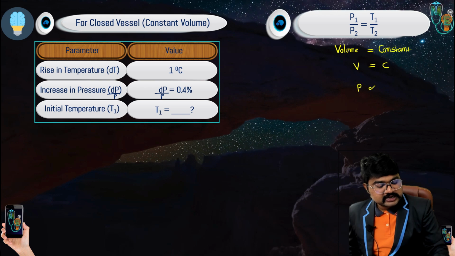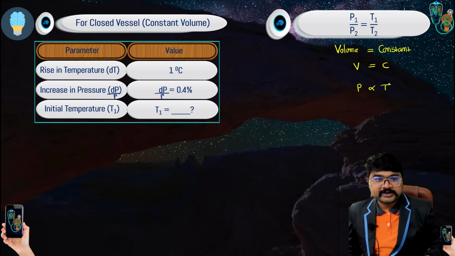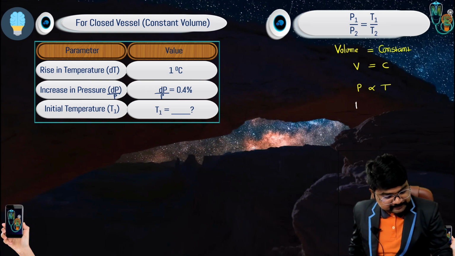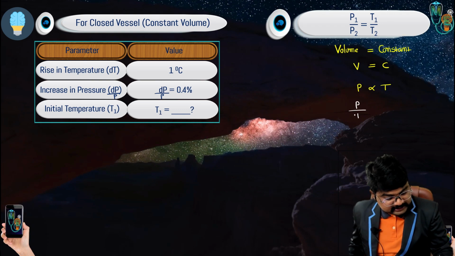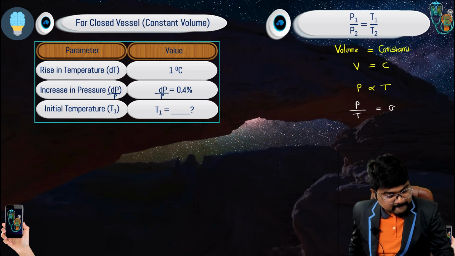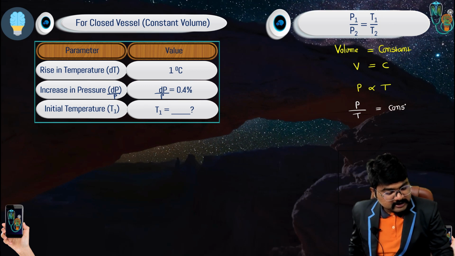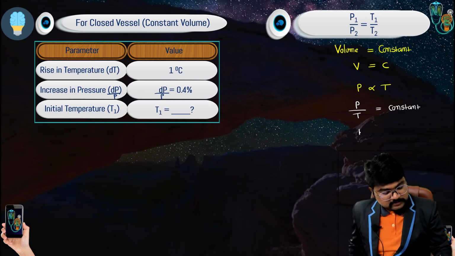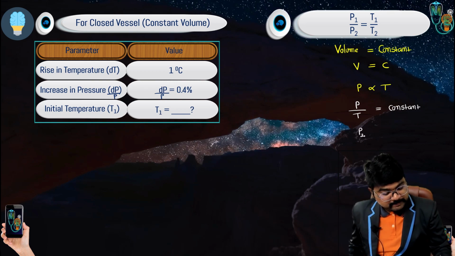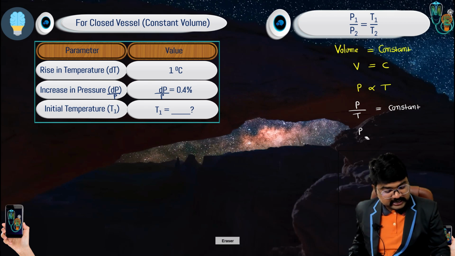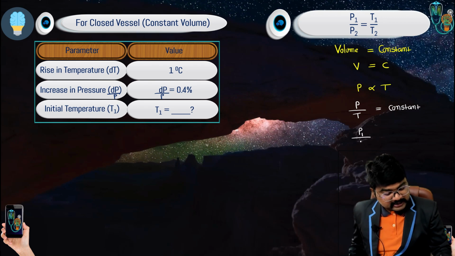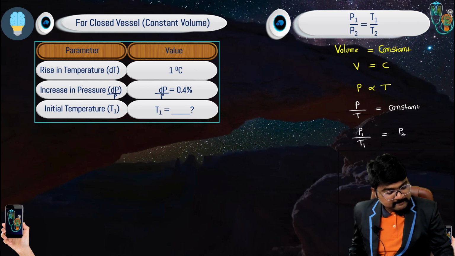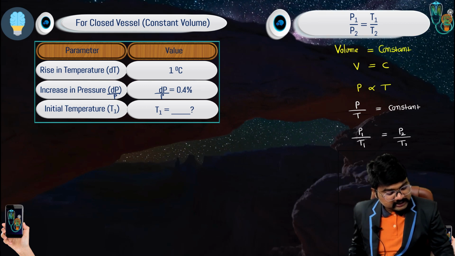Pressure is directly proportional to temperature, then P by T equals constant. Or else you can write P1 by T1 equals P2 by T2.